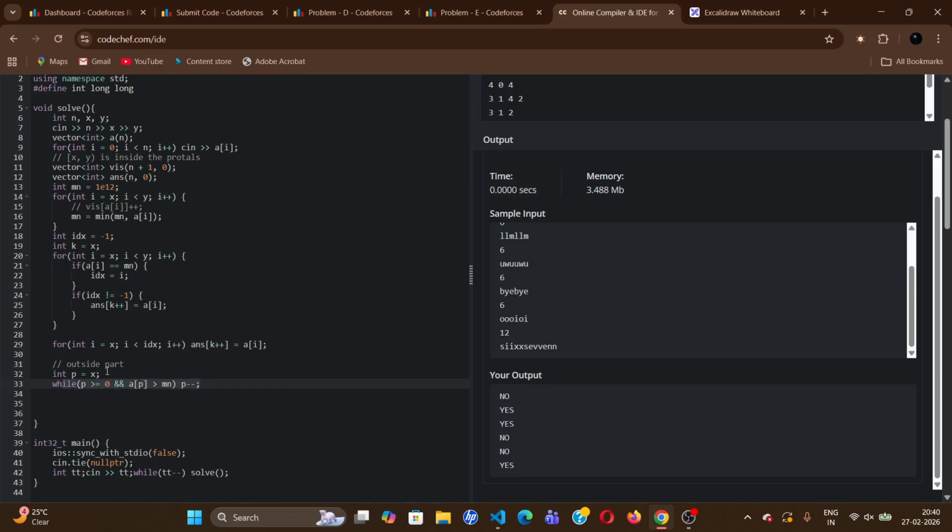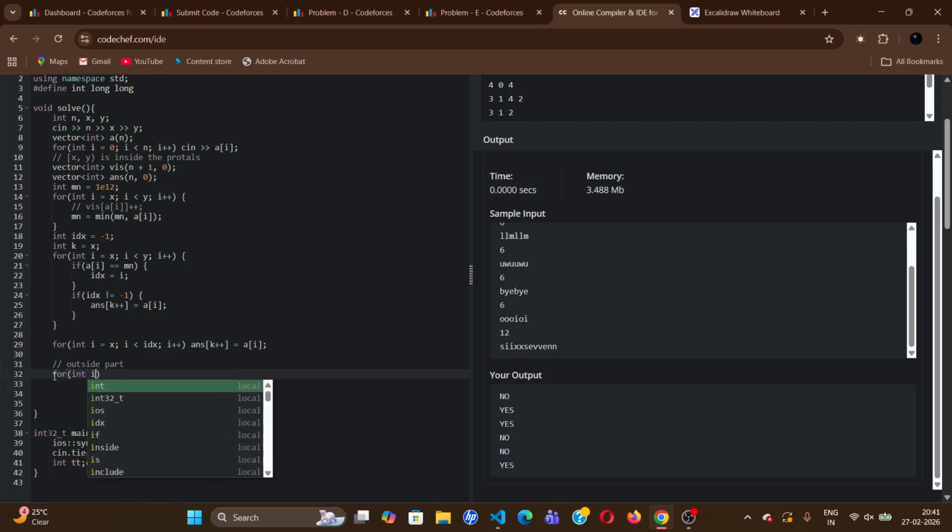Now p will be the position where, okay, it will take the minimum from 1 to x, or the minimum there, right?